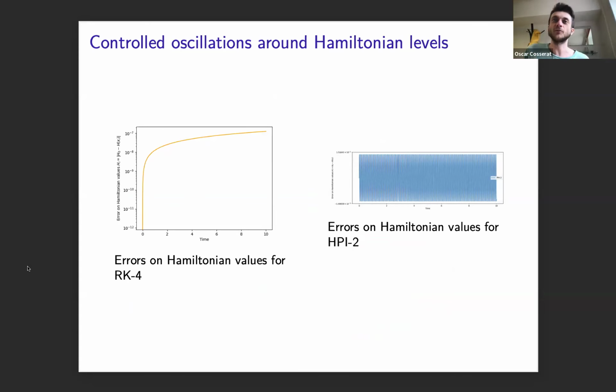So that was for the symplectic foliation, for the symplectic leaves. And now let us check the preservation of the Hamiltonian levels. So on the left, the Runge-Kutta method of order 4 completely explodes the Hamiltonian values as well. Don't forget that the scale here is logarithmic. So the explosion is linear with respect to time, actually.